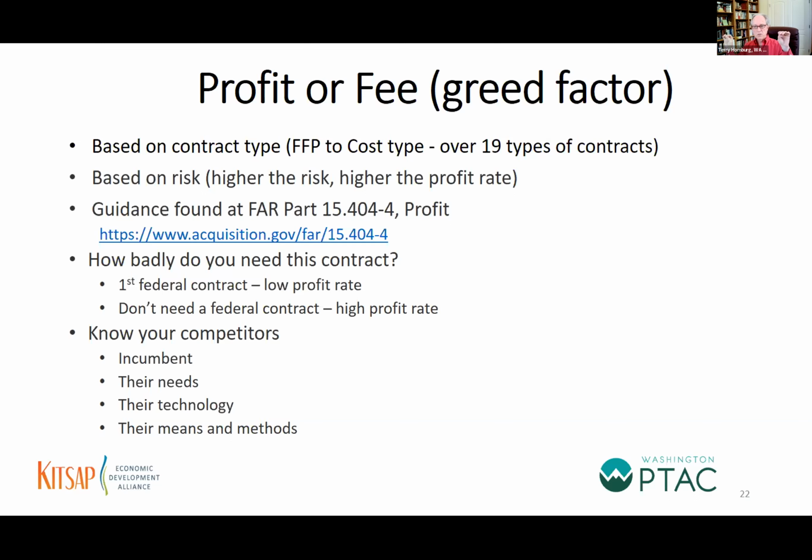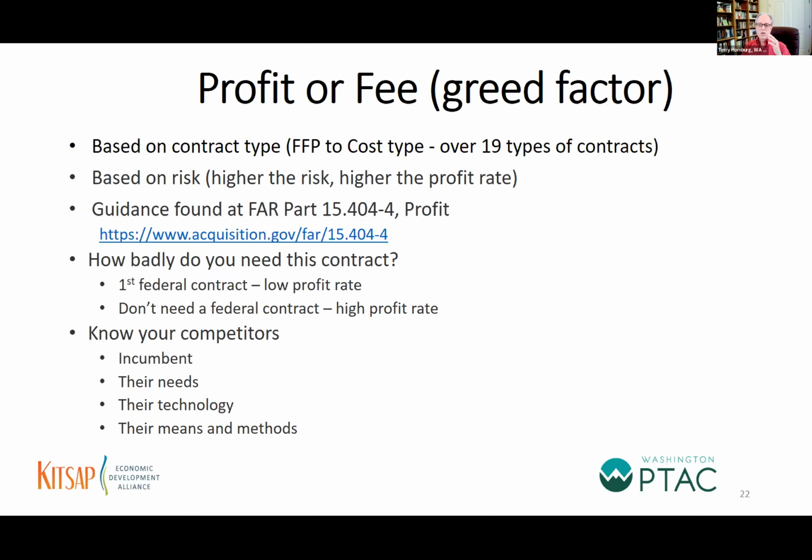Firm fixed price is the highest risk to the contractor, to you companies in attendance here. Firm fixed price contracts are the highest risk to you. So potentially your profit rate is going to be the highest on a firm fixed price contract. The opposite end is a cost type contract. And the government has the greatest risk on a cost type contract. So your profit rate is going to be less because you have less risk.